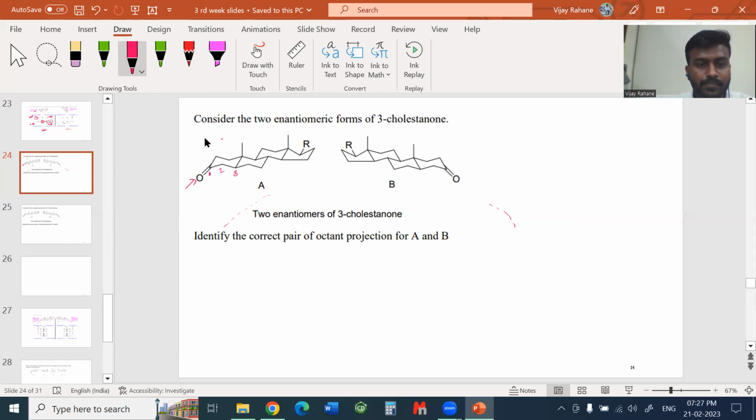1, 2, 3, 4, 5. We'll give numbering first, and then we'll start numbering with this 1, 2, 3, 4, 5, 6, 7, 8, 9, 10, 11.